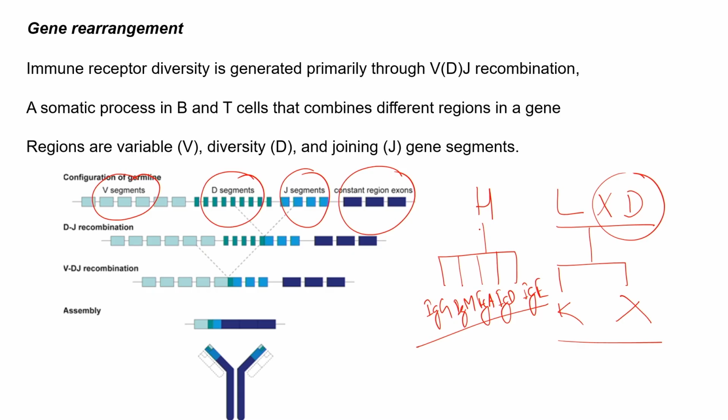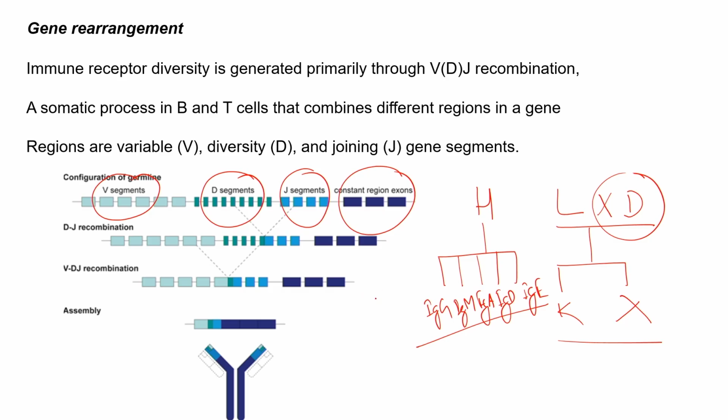Now these heavy chains have, as I said, 3 segments in the variable domain, called V segment, D segment and J segment, while in the case of light chain, which is either kappa or lambda, we do not have a D segment.